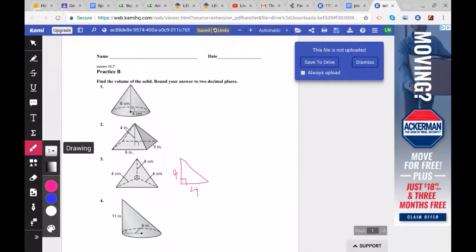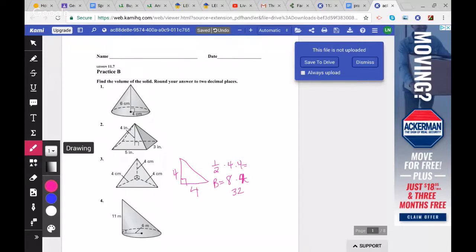Then it's going to be half of 16, because it's 1/2 base times height. And that's the capital B. And then the height is 4. Oh, I don't know why I put an H, I meant to write the 4. So that's 32.